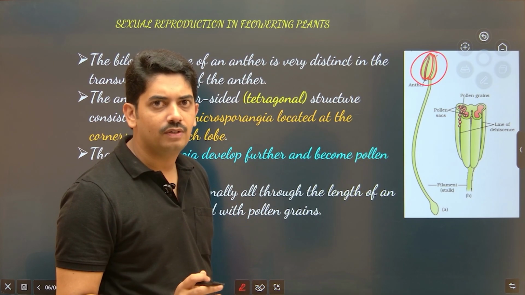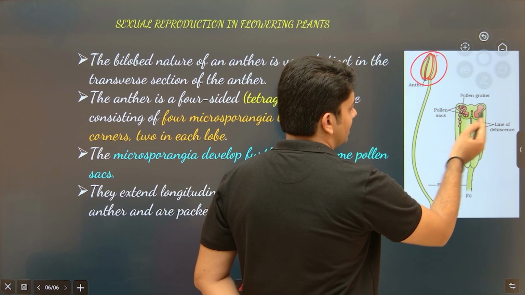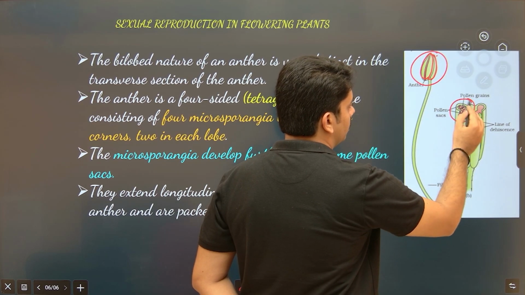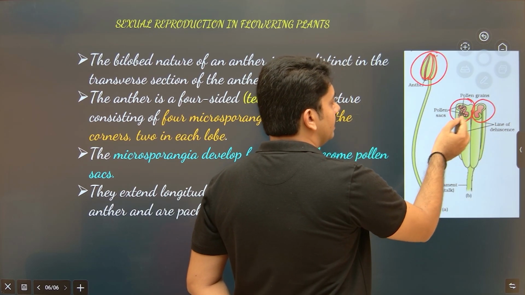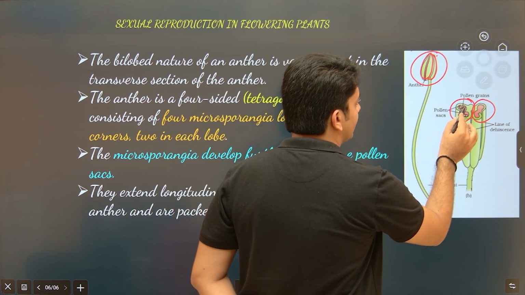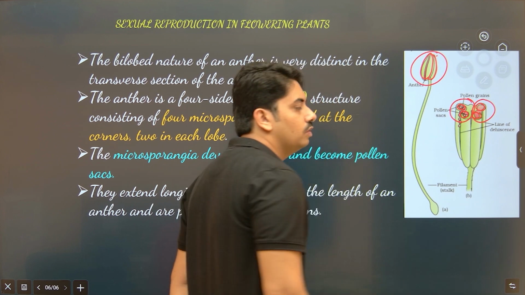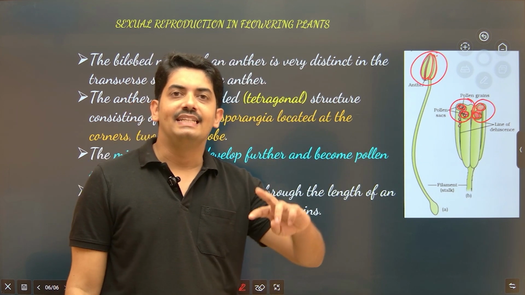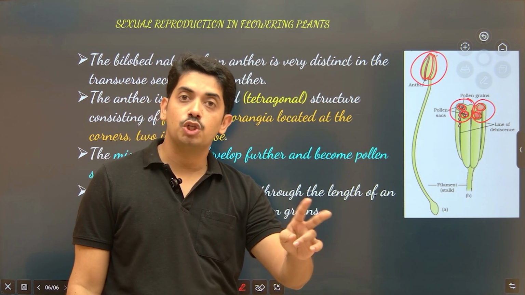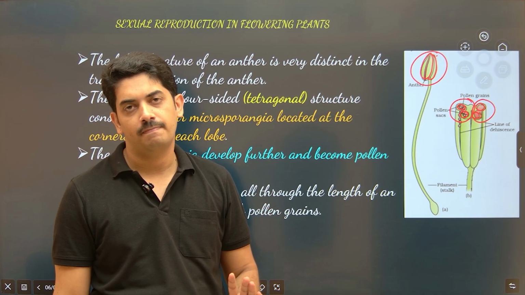Bilobed condition, or you can say dithecous condition. Here in the transverse section, we can clearly observe that these are the two lobes. Now each lobe has two chambers like this, right? So in the bilobed dithecous condition, each lobe has two chambers. That is why it is called the dithecous condition.